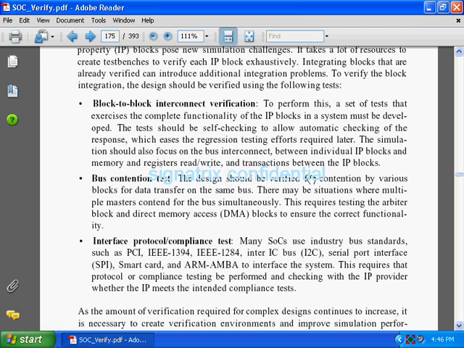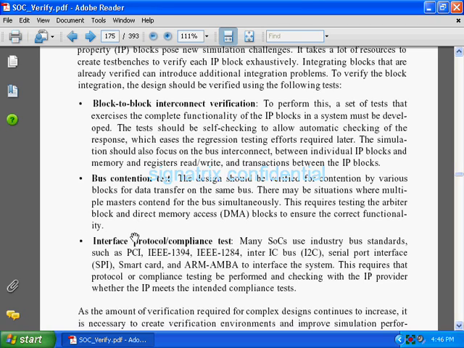Next is the bus contention test. The design should be verified for contention by various blocks for data transfer on the same bus. Contention is a problem when many masters want the bus at a time and are looking for a bus request. There may be situations where multiple masters contend for the bus simultaneously. This requires testing the arbiter block and the direct memory access block to ensure correct functionality is achieved.